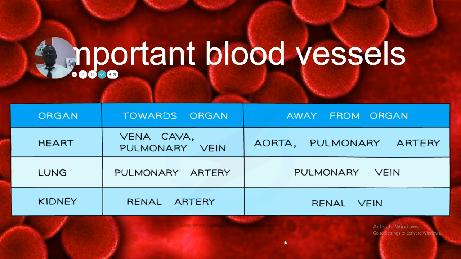So, having seen some of the most important parts, we also have the intestines. The mesenteric artery carries blood towards the intestines, that is the small intestines and the large intestines, and away from those is known as the mesenteric veins. So mesenteric veins supply blood to the heart.